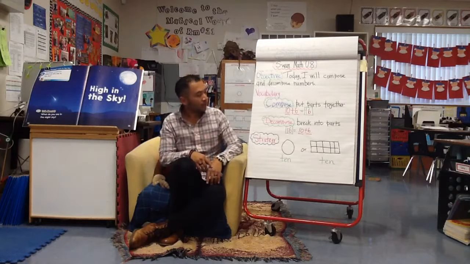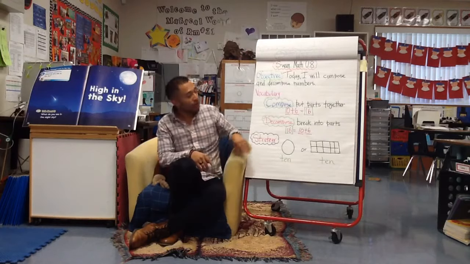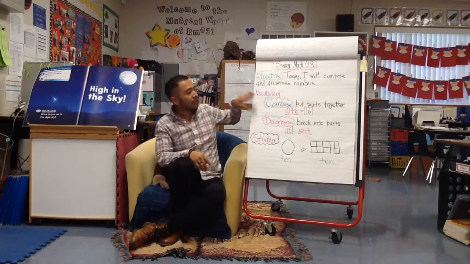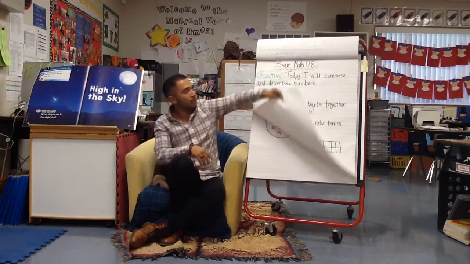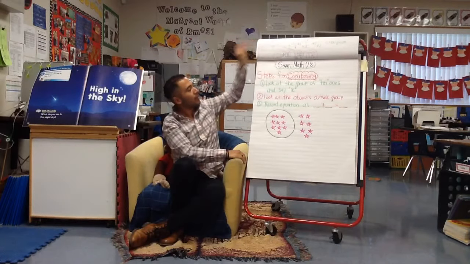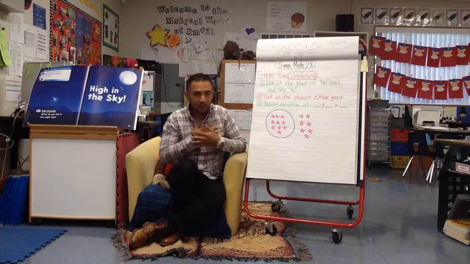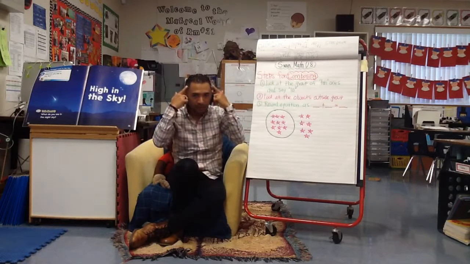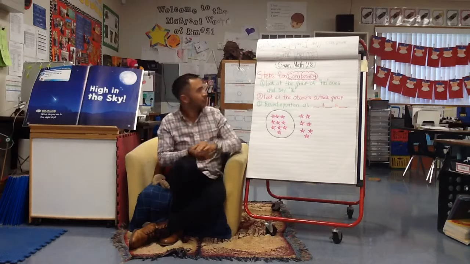Okay, so we're going to move on. Now, we are going to be talking about composing numbers first. There are a few steps we must take into consideration before composing numbers.